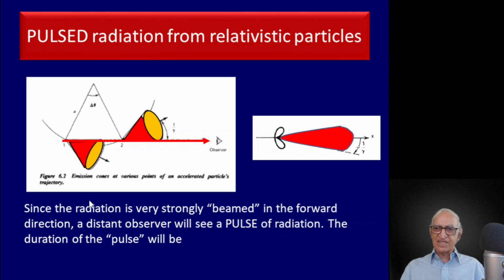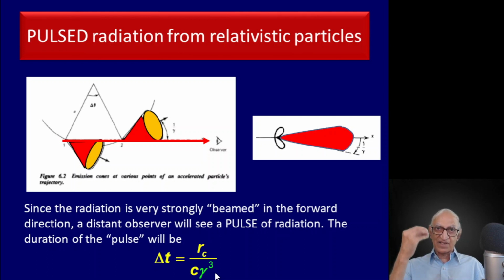Since the radiation is very strongly beamed in the forward direction, a distant observer will see a pulse of radiation. And the duration of the pulse, if you do this calculation properly, which I don't have the time to do, the duration of the pulse, which is the time taken for the charge to move from here to there in this diagram, is R_c, which is the radius of this circle, divided by c, divided by gamma cubed, where gamma is the Lorentz factor.